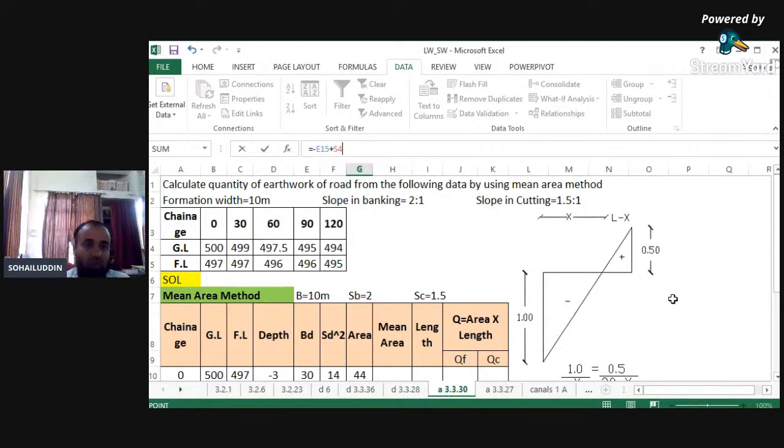Chainages are 0, 30, 60, 90, and 120, with the ground level as 500, 499, 497.5, 495, and 494. FLs are also given. So we will calculate the earthwork in excavation in case of cutting and filling in roads, with the help of the mean area method. Here data is given for mean area method.